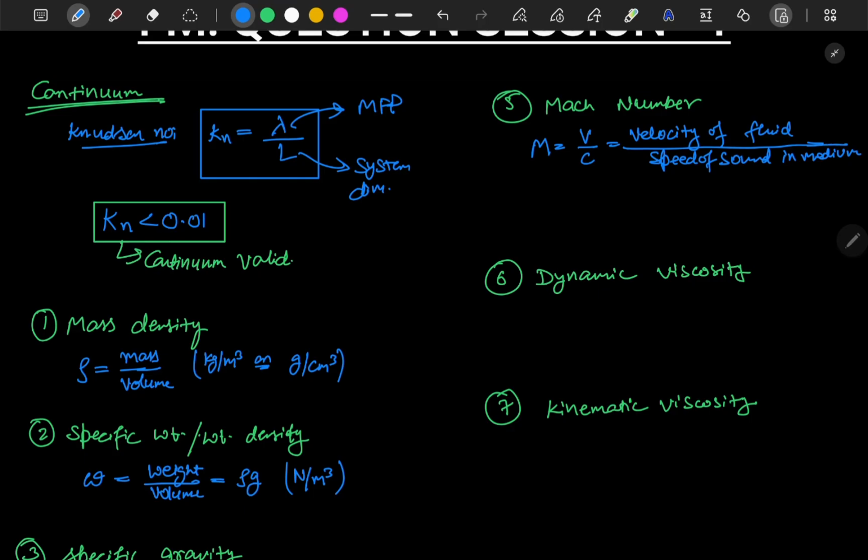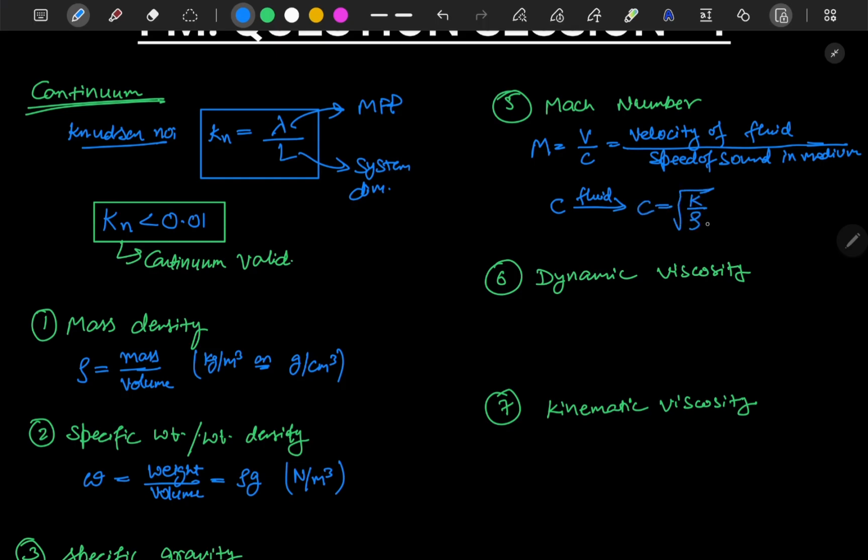Now your C value, in case of fluid, is given by C equal to root of K by rho.